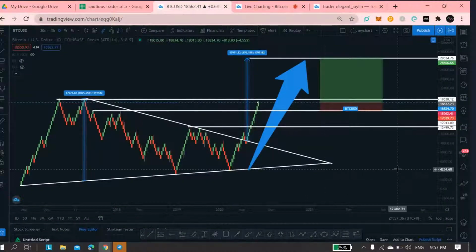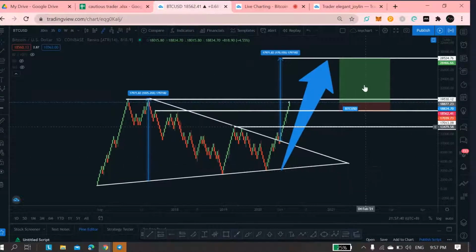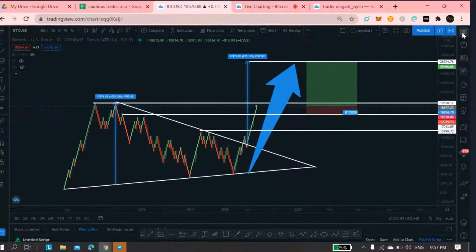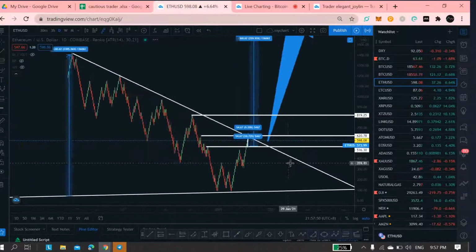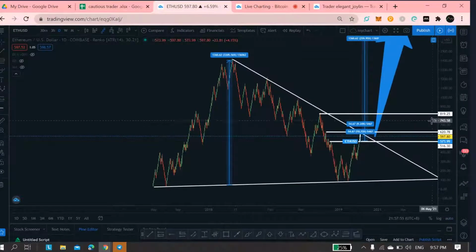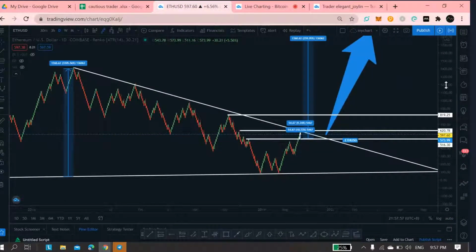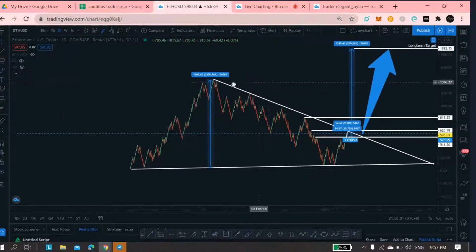So this is the possible upside using the Renko chart. So possible 50%. Now let's move on to Ethereum. We'll just use this one. If you have watched my previous videos, my long-term view is still the same.